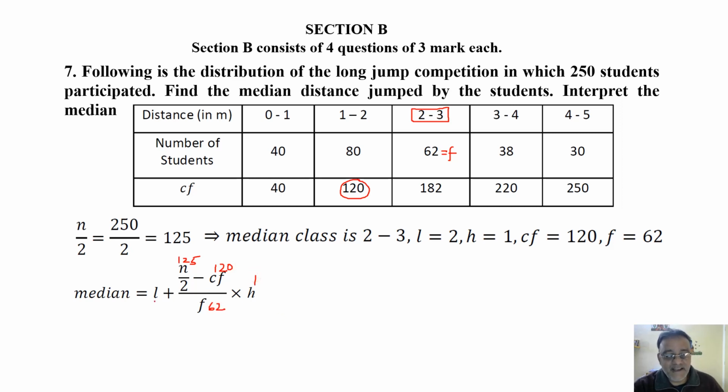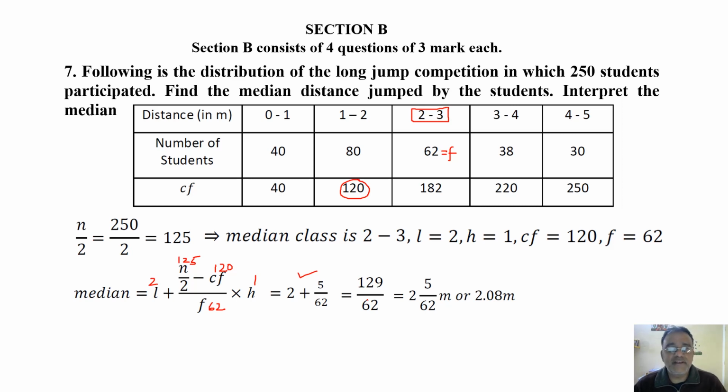So we get L, that is 2 plus 5 by 62. Is this clear? Yes, sir. Right. And if we write it as an improper fraction, 124 plus 5, 129 by 62. Or we can keep it like that only, 2 5 by 62 meter or 2.08 meter.